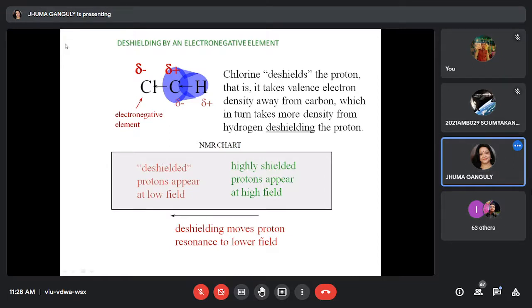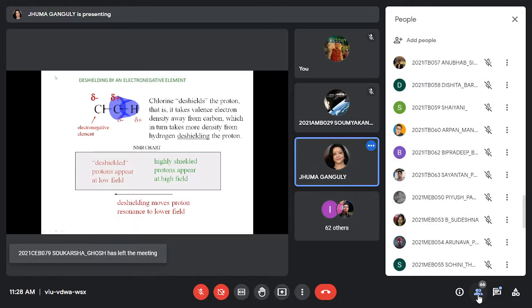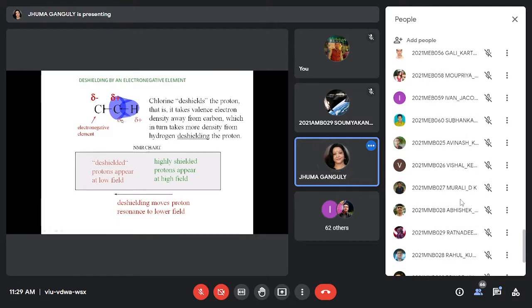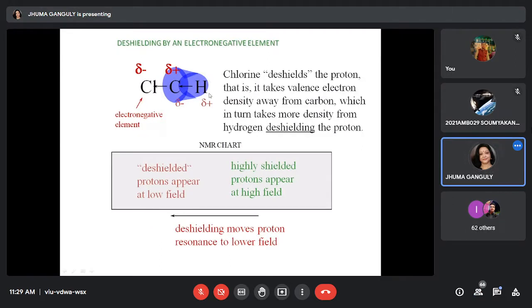So chlorine deshields, meaning chlorine has a minus I effect and withdraws electrons. You can see this by the dark blue color. Electrons are going towards the chlorine and the carbon, so the electron cloud is less on the proton.